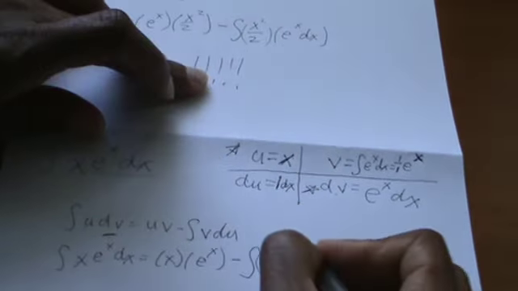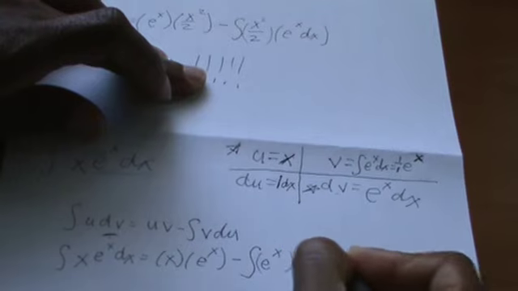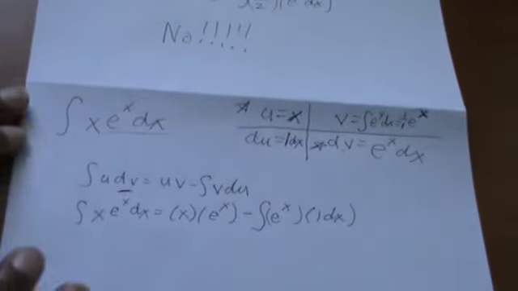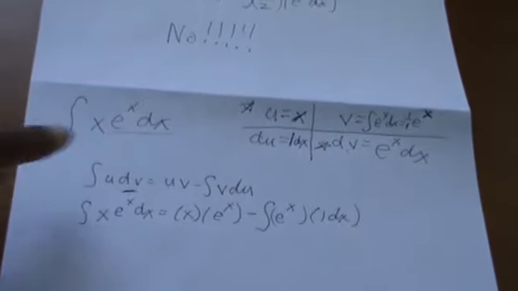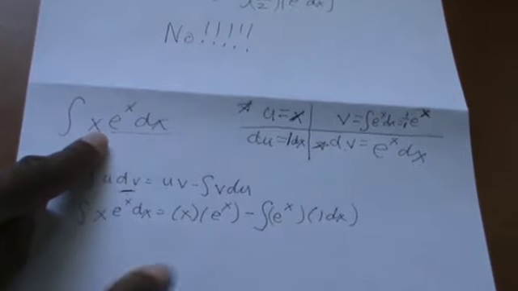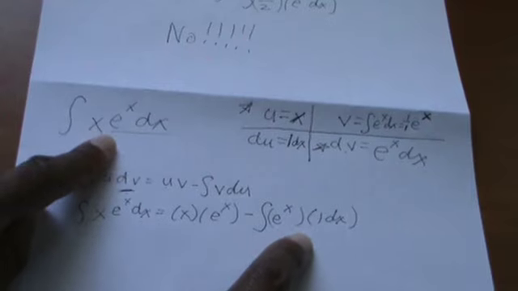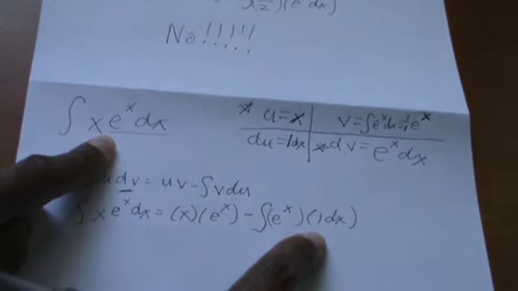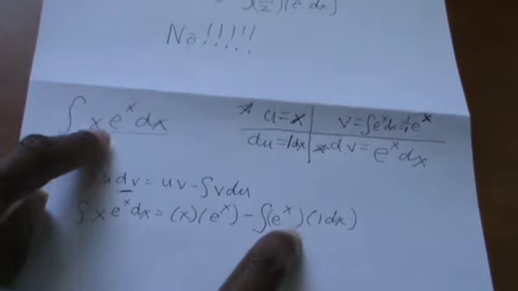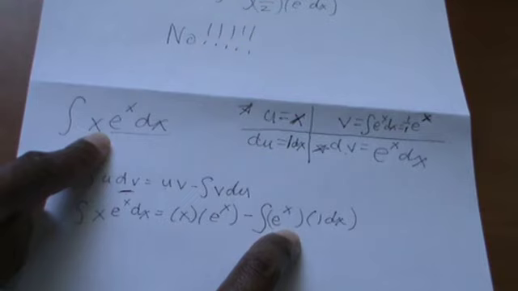Now my du is 1 dx. All right, so I can look at what I started off with and what I ended up with, and I can already see I'm in a better spot. This is x to the first. Down here, I have x to the 0th, or 1. So the power of x is decreasing, and I still just have the e^x.